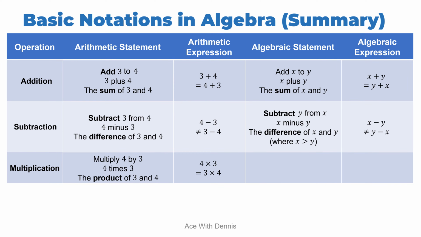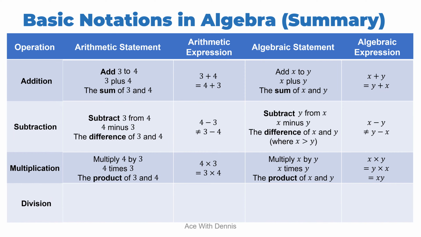For algebraic statement for multiplication operation, we can say multiply x by y, or x times y, or the product of x and y. In algebraic expression, it can be written as x times y, or y times x, or just xy.